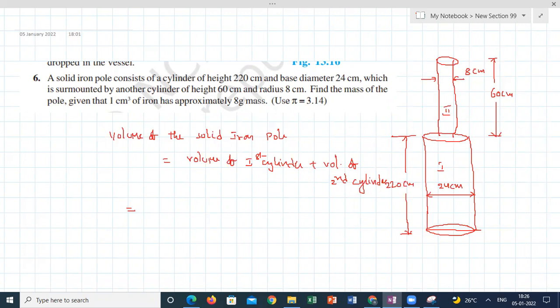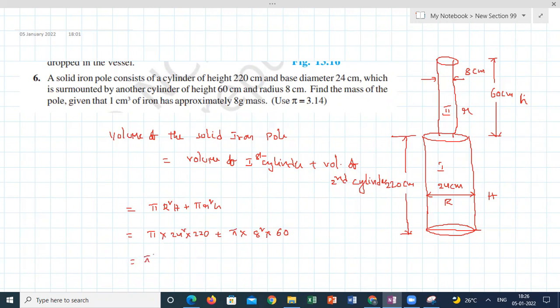Anyone got the answer? Suppose this radius I am taking as capital R, this height as capital H, this radius as small r, and this height as small h. Volume is pi R square H plus pi small r square h. If I take pi into R square, which is 24 square into 220, plus pi into r square, which is 8 square into 60.